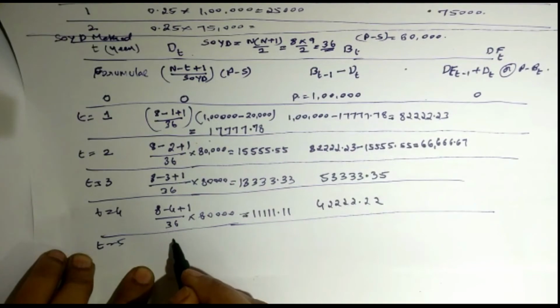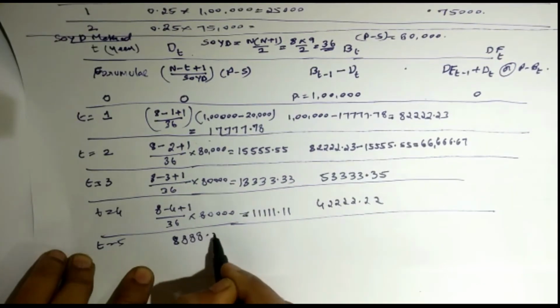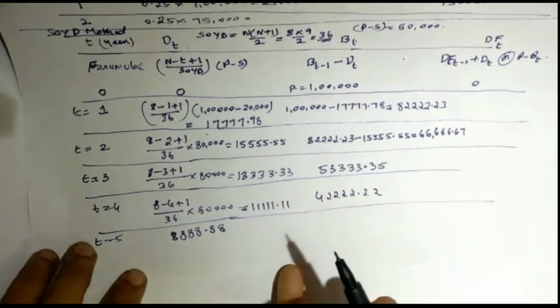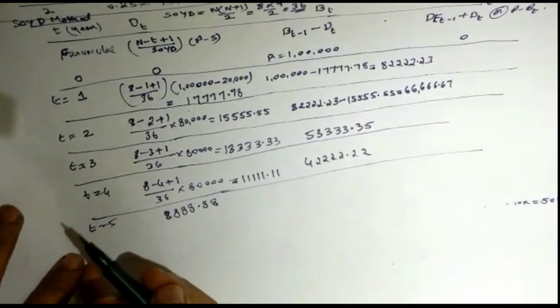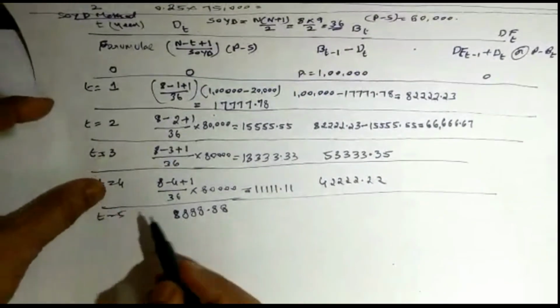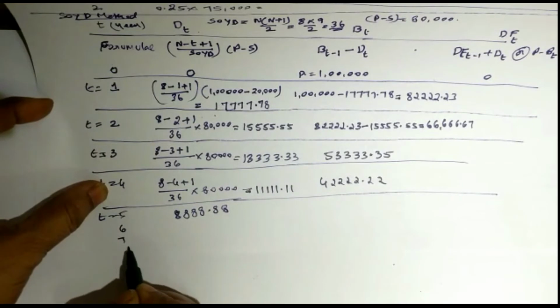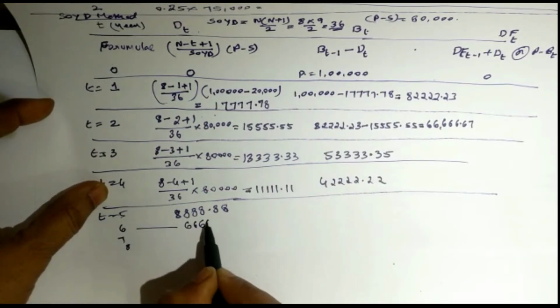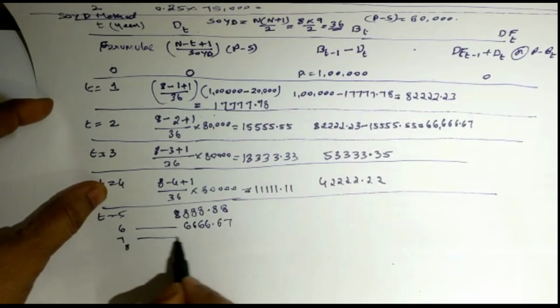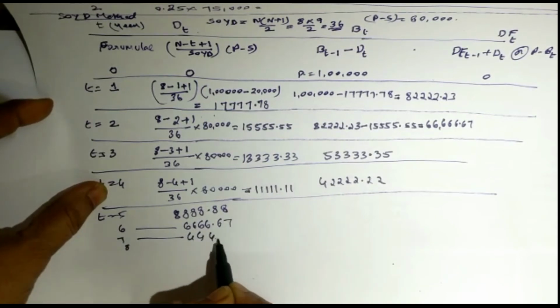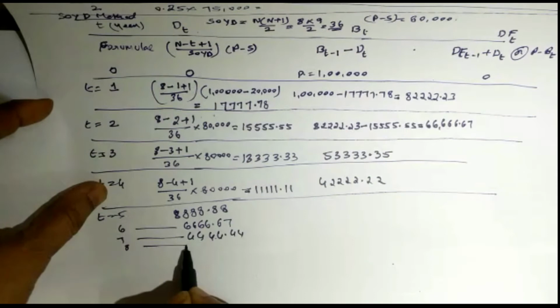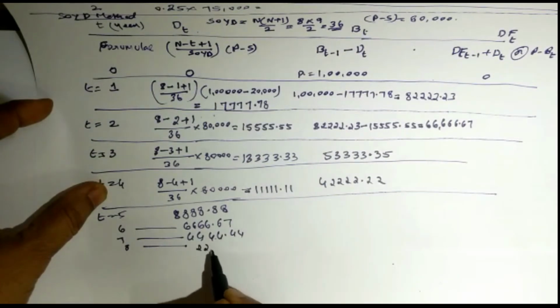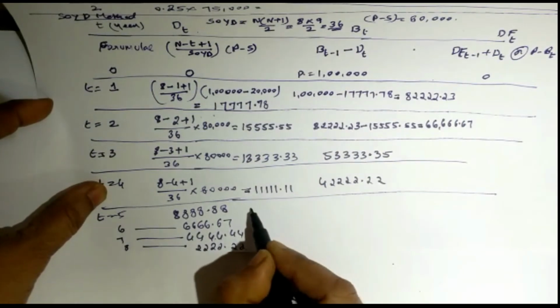Similarly, if you do, I don't show the calculation now, t is equal to 5, it is 8,888.88. And then t is equal to 6, 6,666.67. Then 4,444.44. And this would be 2,222.22.